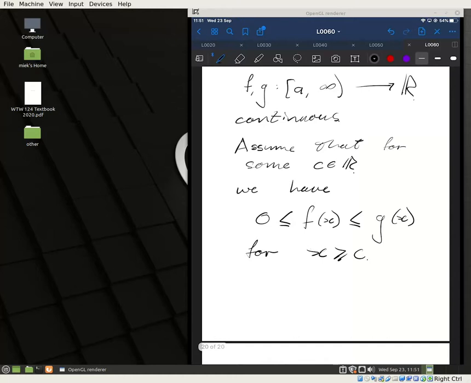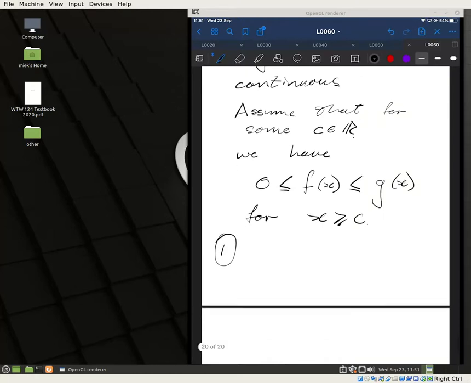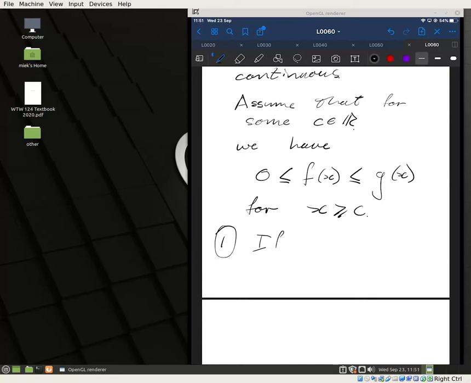Then number 1, if the integral from a to infinity of g of x dx converges, then the integral from a to infinity of f of x dx converges.